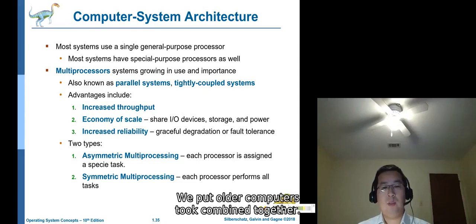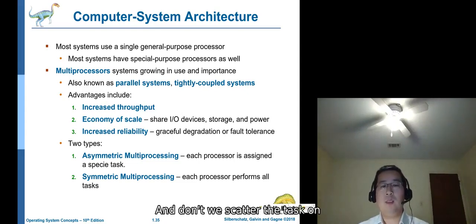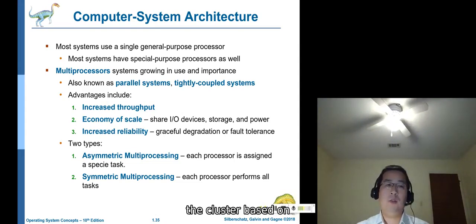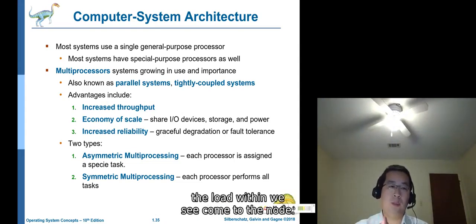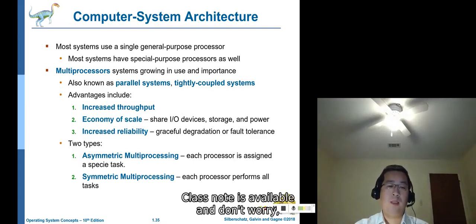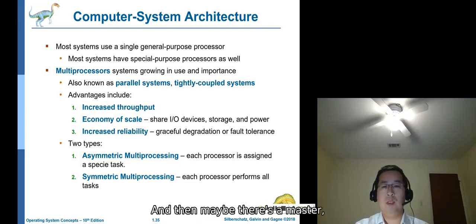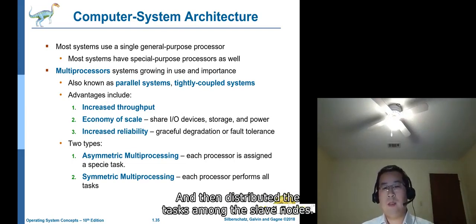We put all the computers together, and then we schedule the task on the cluster based on the load. For example, we see which cluster node is available and assign some job to it. And maybe there's a master node which manages the scheduling of the whole job and distributes the tasks among the slave nodes.